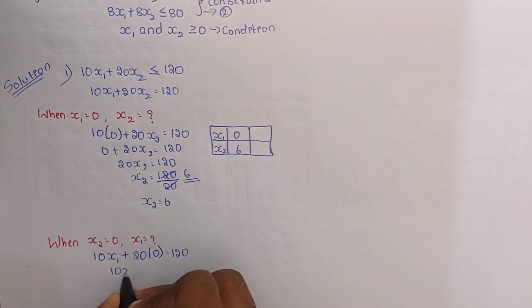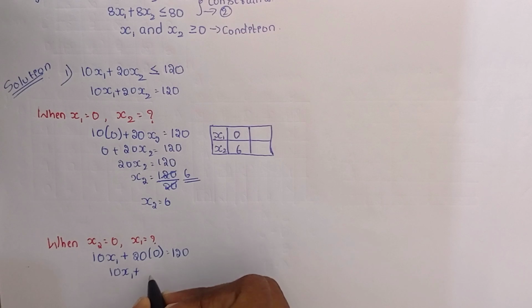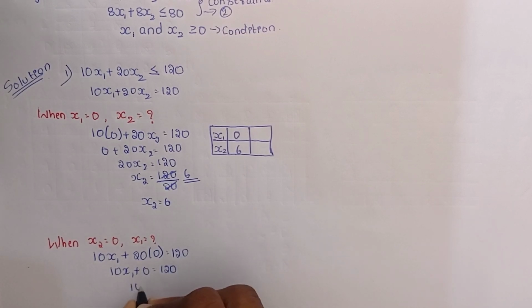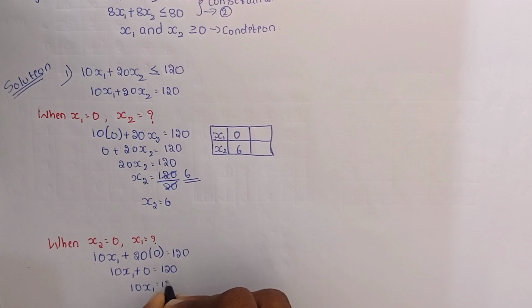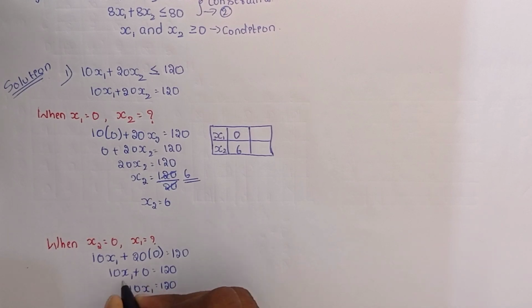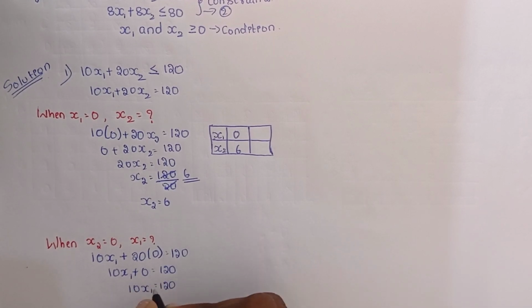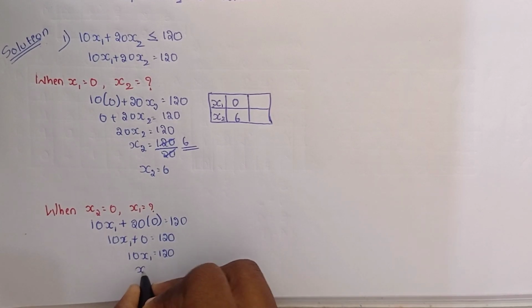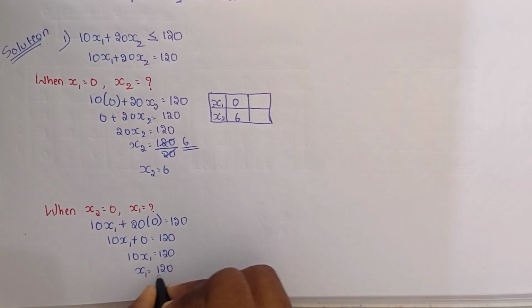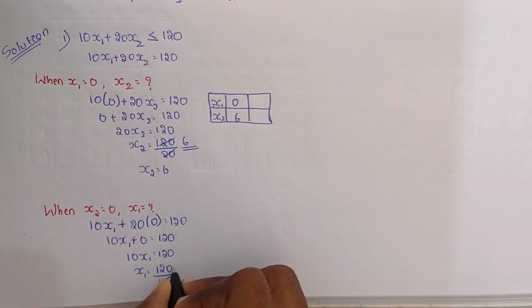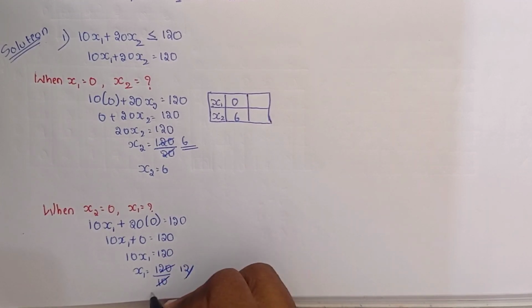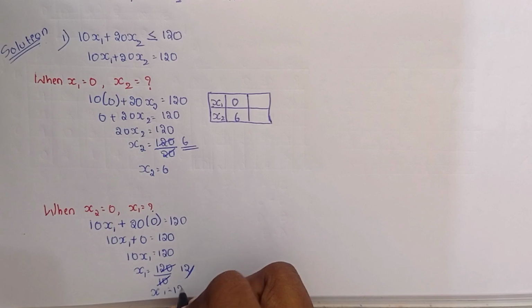So 10x1 plus 20 times 0 is 0 is equal to 120. So 10x1 is equal to 120 because this is 0, right? So 10x1 plus 0 is the same. So 10x1 is equal to 120. Now x1 is equal to 120 divided by 10, which is 12. So the x1 value is 12.